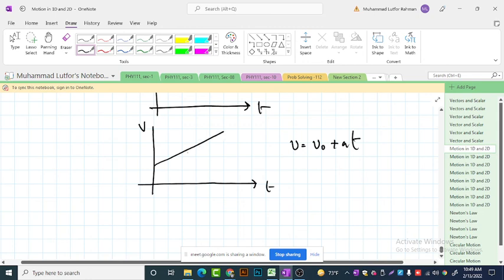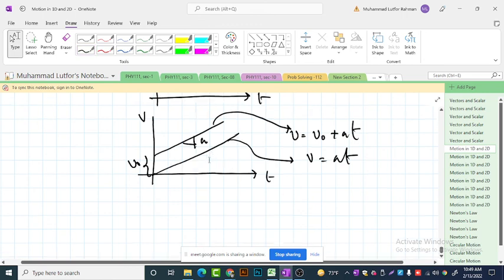This would be my slope, and this would be my v naught. If v naught is 0, then it passes through the origin, and this equation gives me v equal to at. In that case the initial velocity is 0, so it starts from 0.